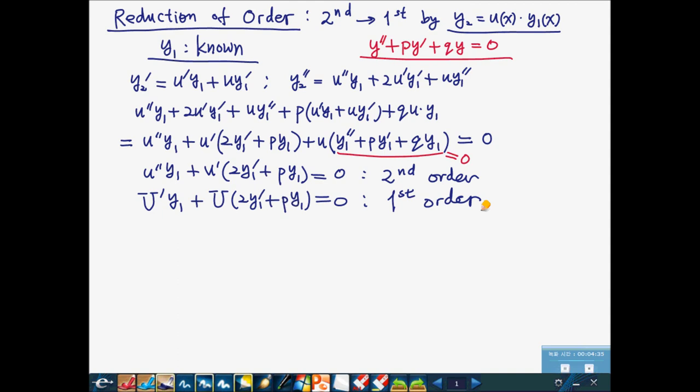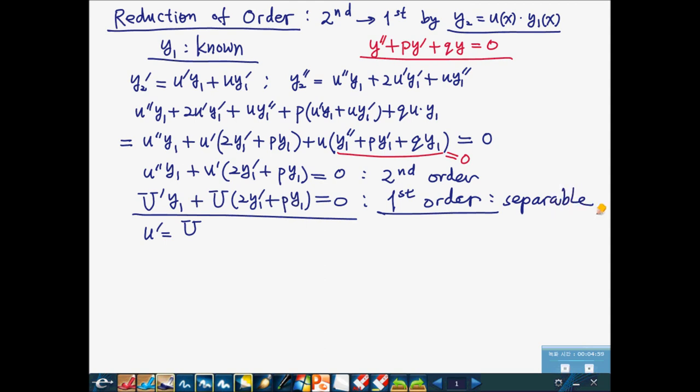And here the assumption is u prime is big U. Okay, another transform. This is simple but a transform also. So with respect to U, you can separate. This is a first order separable equation, right?